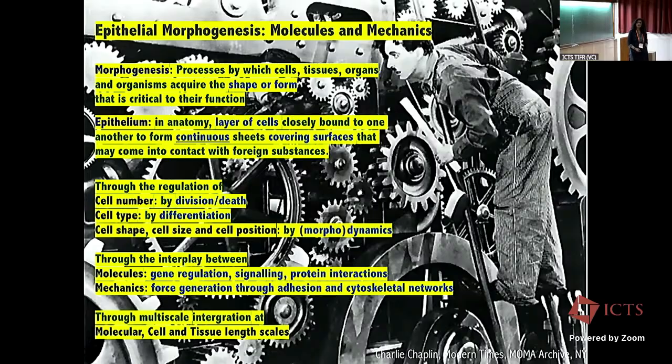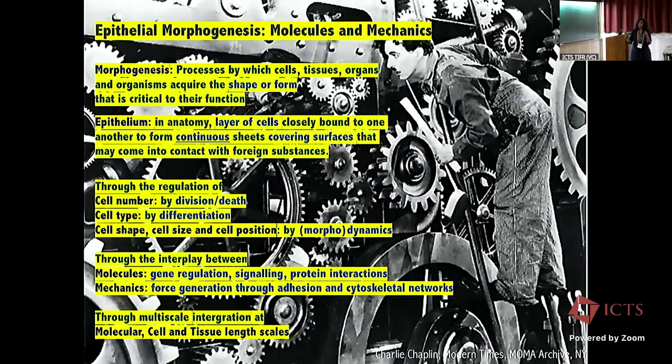And we particularly focus on the morphogenesis of epithelia, which are essentially layers of cells that are closely bound to one another to form sheets that either cover surfaces or line the insides of organs. Some general rules that govern morphogenesis: at the cellular scale, it's governed by changes in cell number, cell type, cell shape, cell size, cell position.